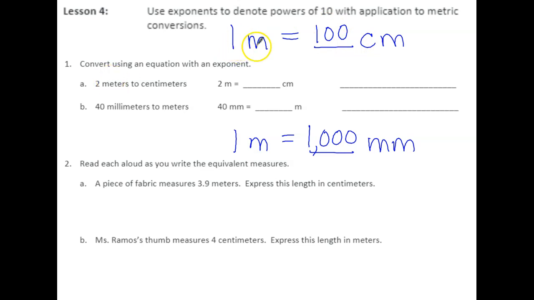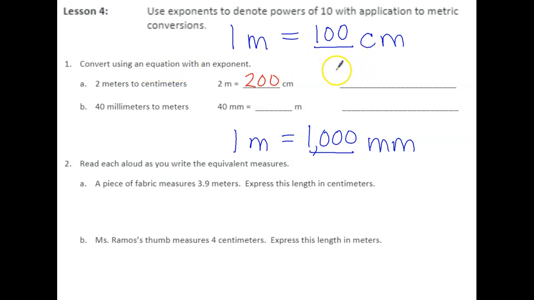Well, if we know that 1 meter is equal to 100 centimeters, then 2 meters is equal to blank centimeters. So we know that that's going to be, hopefully you said 200. All right. And it's asking us to use an equation with an exponent.